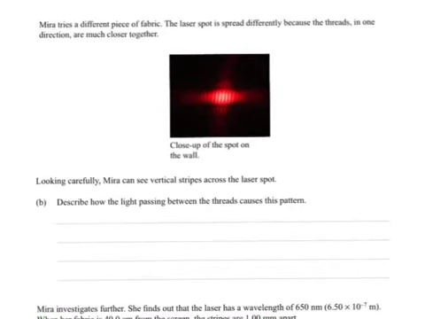Mira tries a different piece of fabric. The laser spot is spread differently because threads in one direction are much closer together. So without getting into the question, you can see that the threads must be closer together.